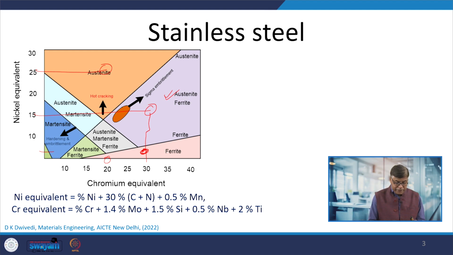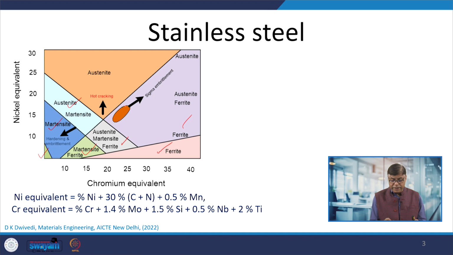So, depending upon the location of the point identified based on the chromium and nickel equivalent, we will be able to have either just ferrite, ferrite or martensite, only martensite, austenite and martensite, only ferrite, ferrite and austenite, and austenite, ferrite, martensite, all three.